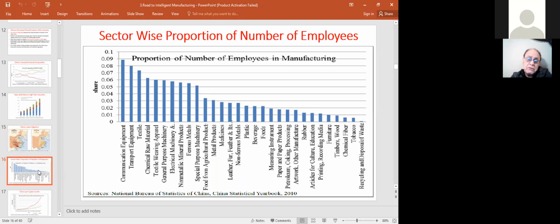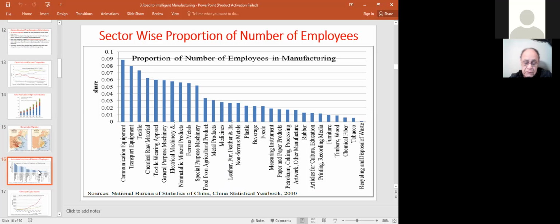So today, if you look at China's manufacturing, you will find that the maximum number of employees are employed in the manufacturing of communication equipment. The second highest employer sector is transport equipment. Then comes textile. Then comes mechanical, robotics.